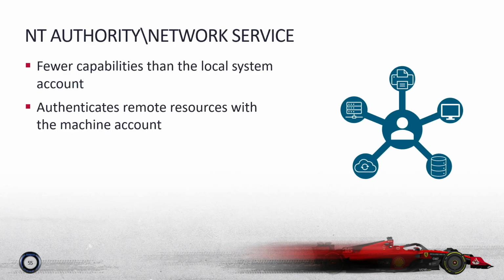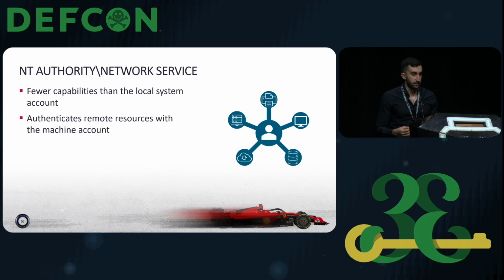To gain the most out of this vulnerability, we first need to understand what this user is and what it is used for. Processes running as network service have a token with a very high integrity level, the same as the local system account. But still, there is a difference between them. The network service is not part of the administrators group.